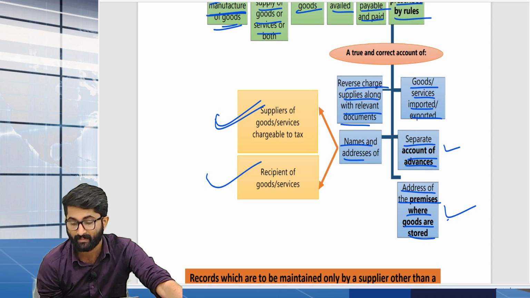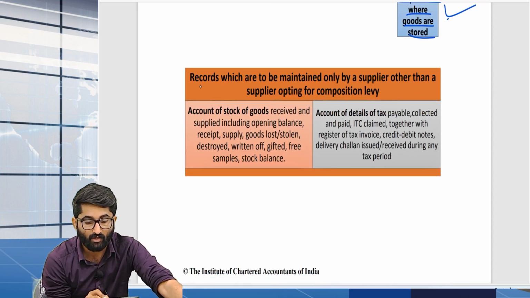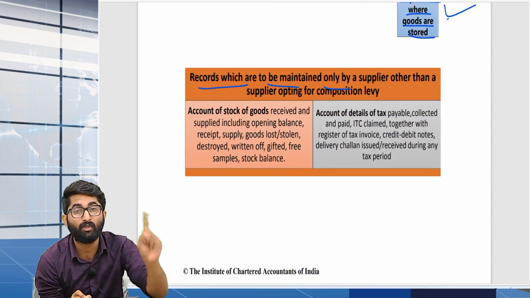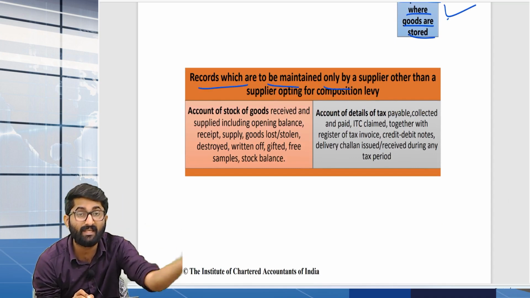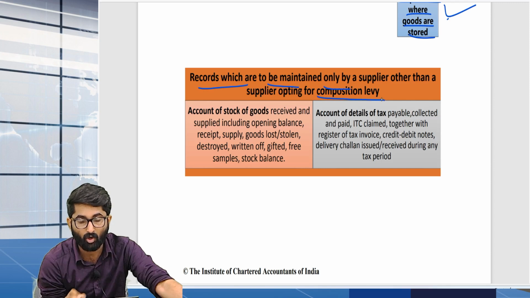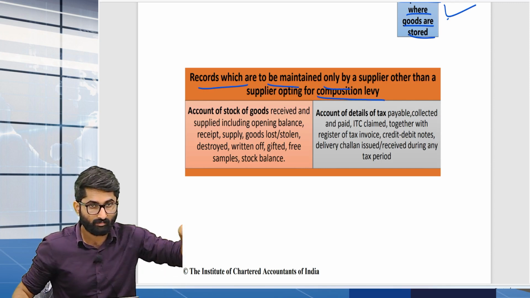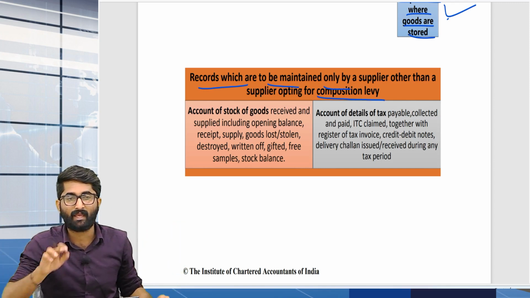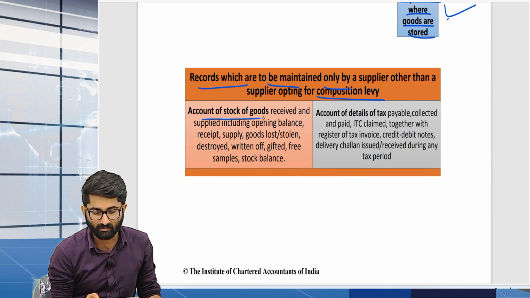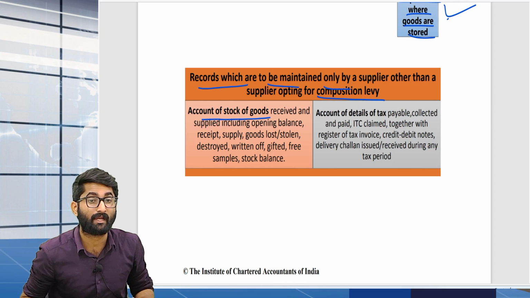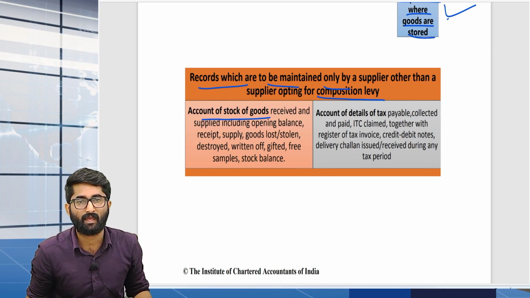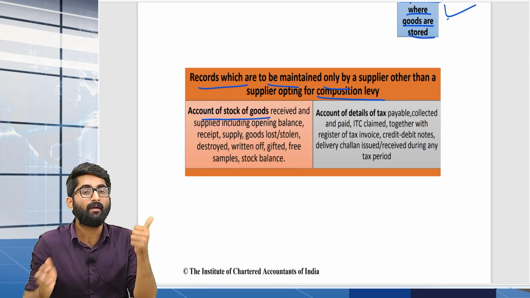If you have taken any advances, remember in tax invoice we discussed that you have to give the receipt voucher, and if you are adjusting that, then you have to give the adjustment entry by refund voucher or by giving an invoice. So that separate account you have to maintain, and the address of the premises where goods are stored, that means your warehouse also. The next point says that records are maintained by every supplier other than one supplying under a composition levy. Other than composition levy, any other registered person has to maintain 2 extra records, accounts of the stock of the goods, that is, the stock register. What will they mention in that?